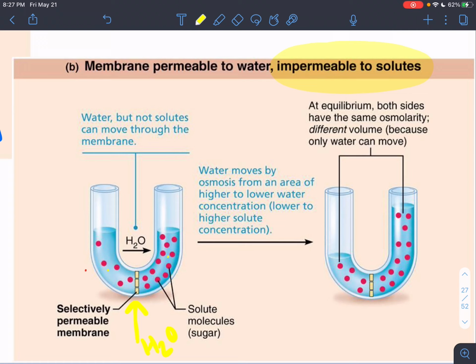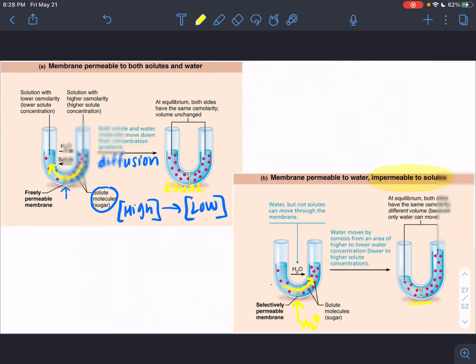We still want to create an equilibrium, regardless of if sugar can move or not. Because sugar can't move, water is going to move instead. Water is going to go from an area of low solute concentration to high solute concentration, again, to create an equilibrium, so there's equal parts sugar to water. And then this side, we are at equilibrium. Okay?